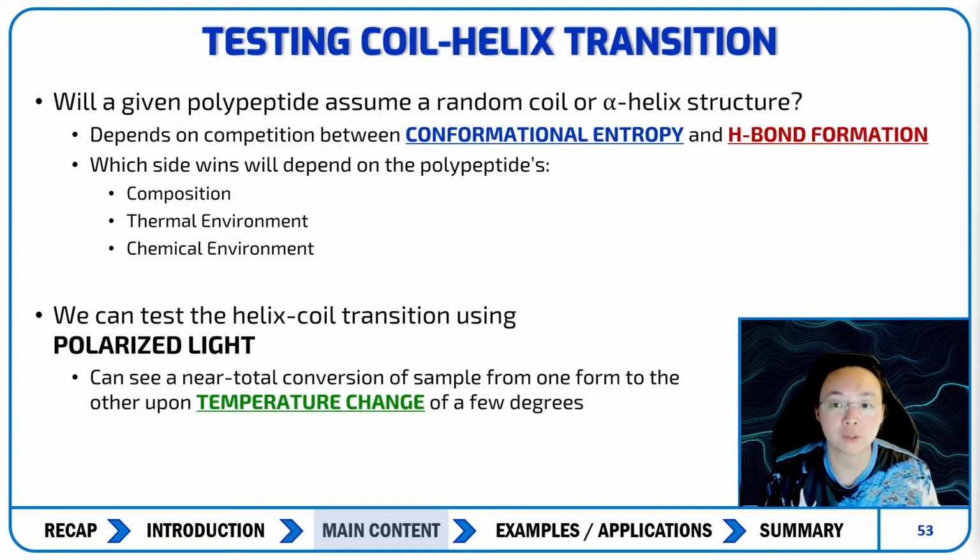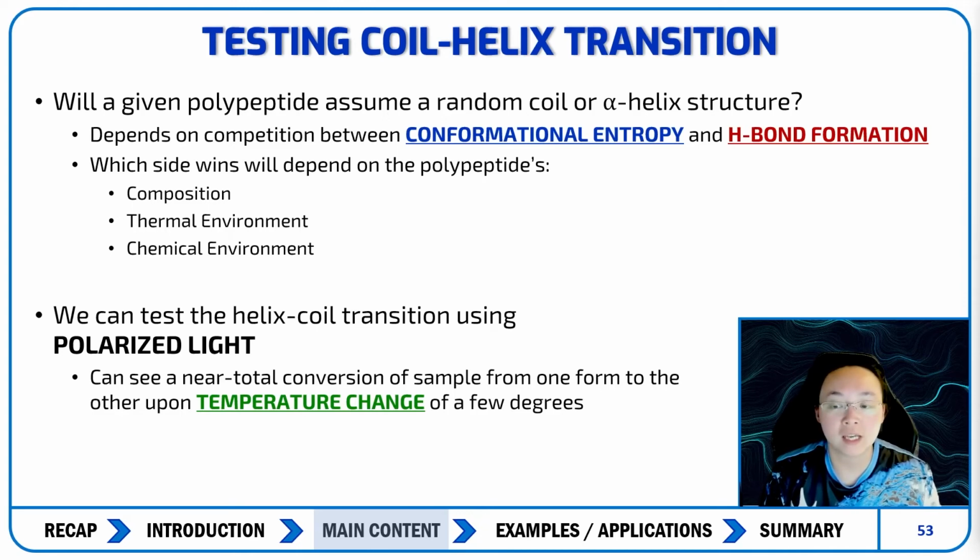Might be confusing at first, but all this means is that we have to take a look at the polypeptide's composition, its thermal environment, and its chemical environment, and see whether the polypeptide itself is going to naturally prefer a certain state, or if it's spurred on by the formation of hydrogen bonds.